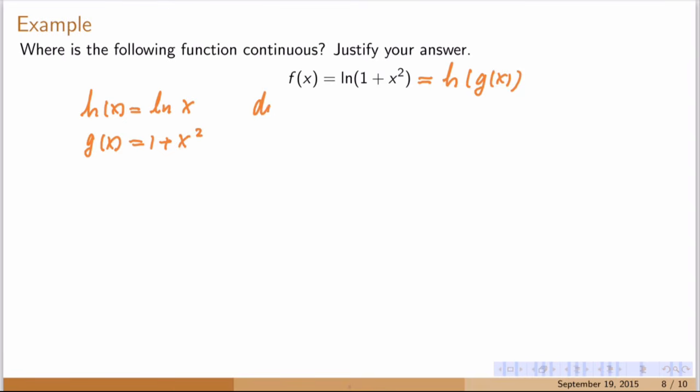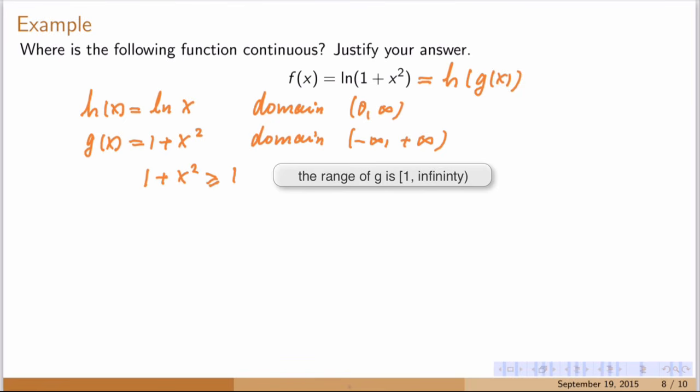h has a domain 0 to infinity, g has a domain minus infinity to plus infinity, and then we want to insert g into h. So we need to make sure whatever g is, is positive. Now we know that 1 plus x squared is always bigger or equal to 1, which is certainly positive, so we can always substitute it into ln.